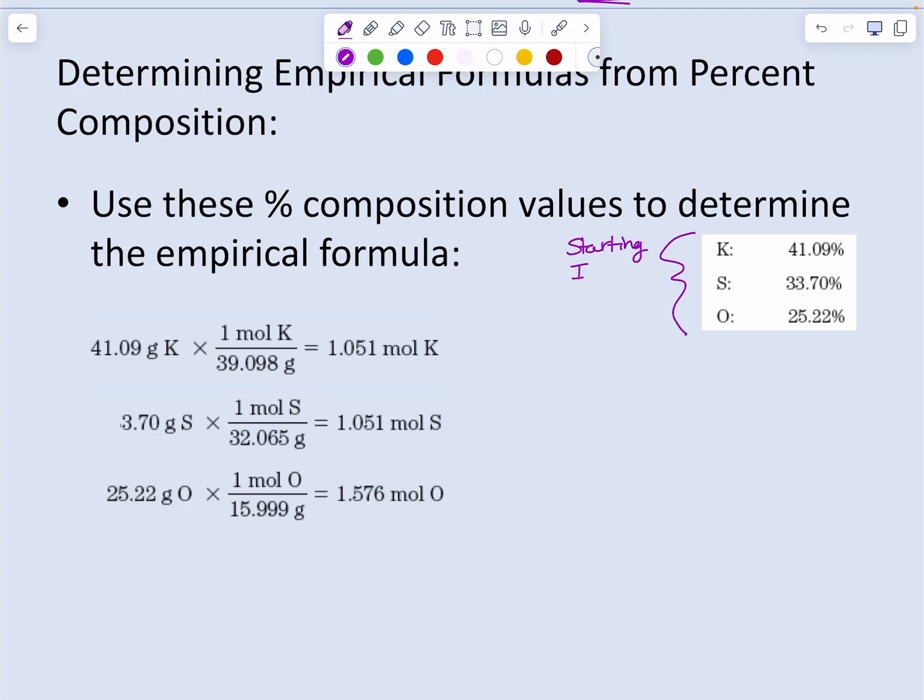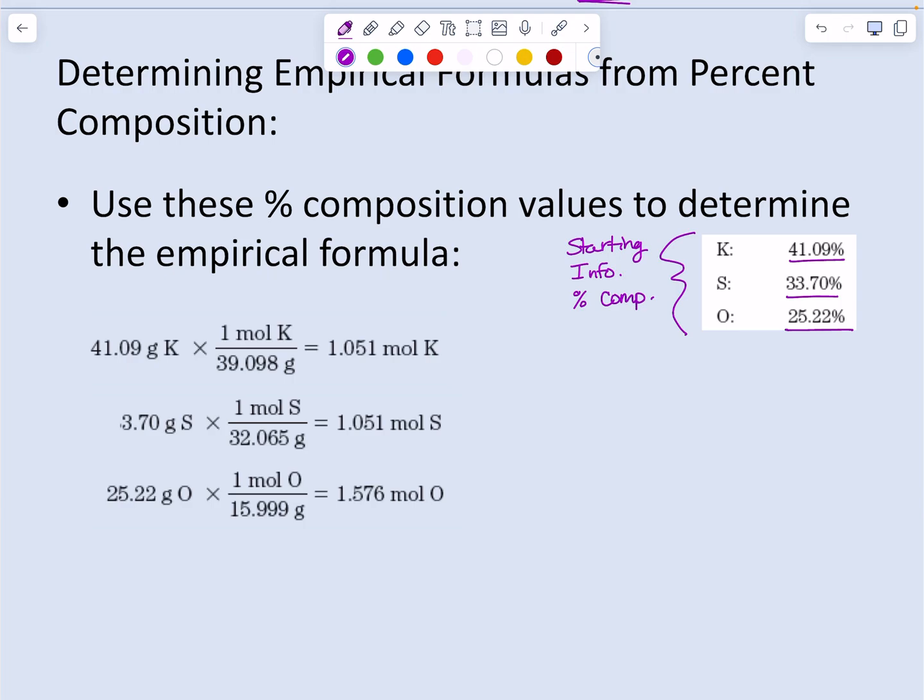We've done an experiment in the lab, and we figure out that this compound is 41% potassium, 33% sulfur, 25% oxygen. On this slide, we're doing what I called step 1 and 2 on the previous slide.